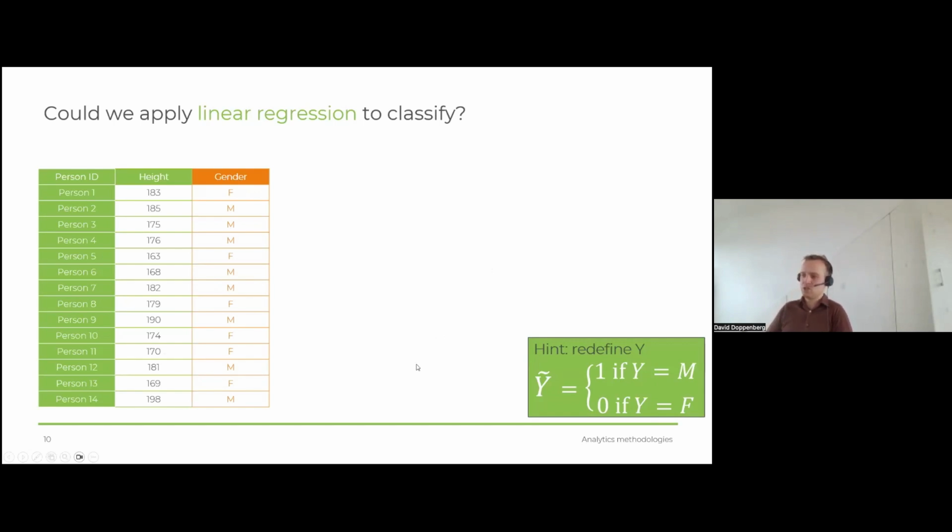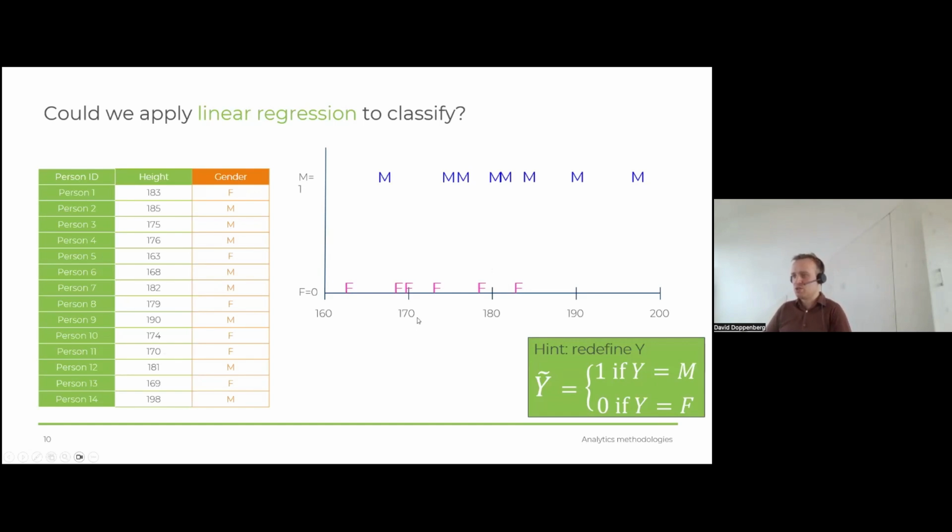Now we can just use linear regression to make predictions. So again, if we make a graph for this, you can see that we have this separation between 0 and 1, and we can just fit a line through it.